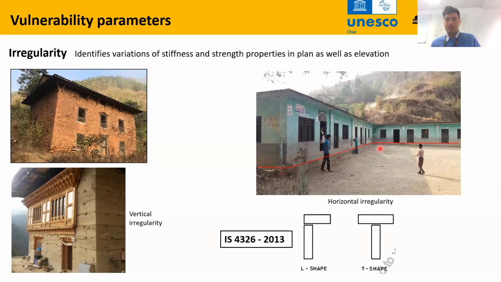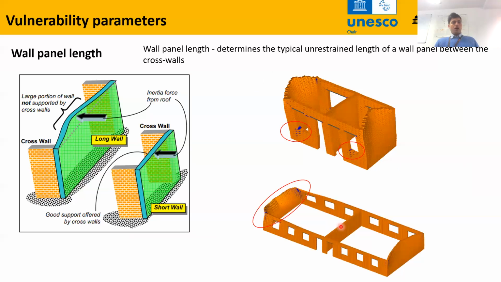Here we can see an L-shaped building which causes stress concentrations under lateral loading at these areas. So the codes generally suggest us to provide a construction joint, a structural joint, so that we have two separate regular structures.